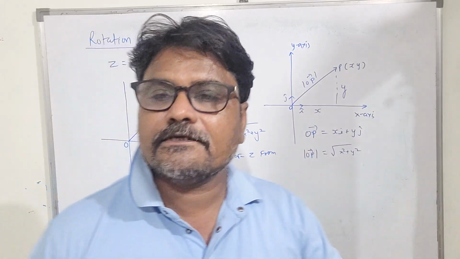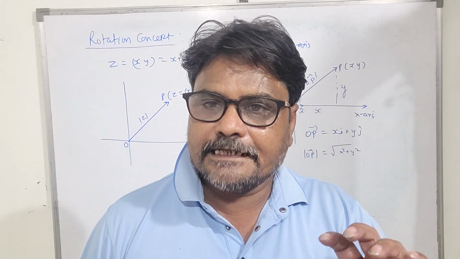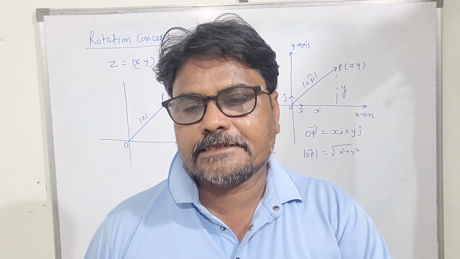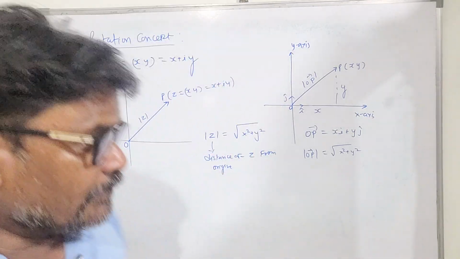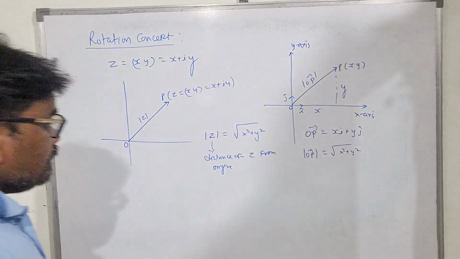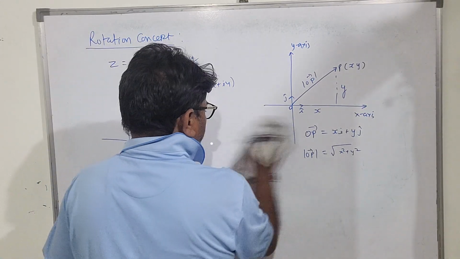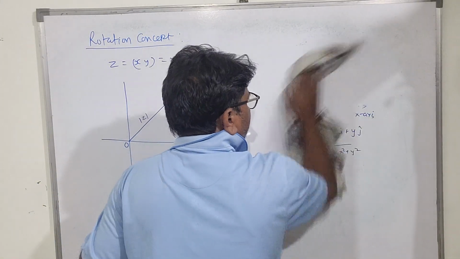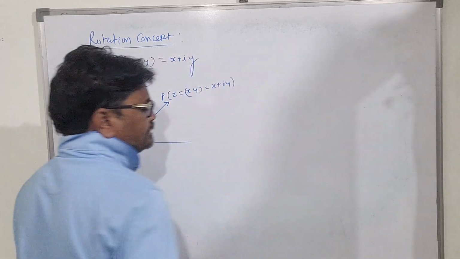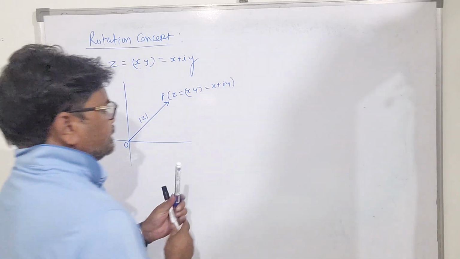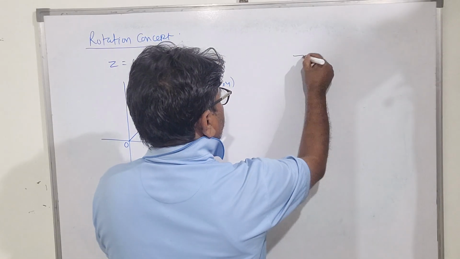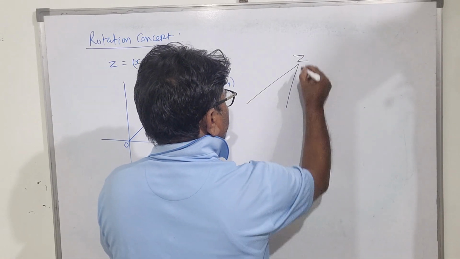We can rotate the complex number z either in anti-clockwise or clockwise direction by some angle theta. Correct? Now, we also know that every complex number can be represented in three ways. Okay, what are those three ways? z can be represented in three ways.